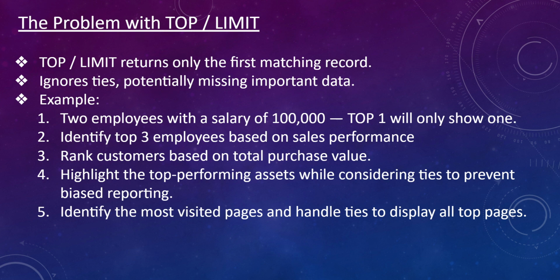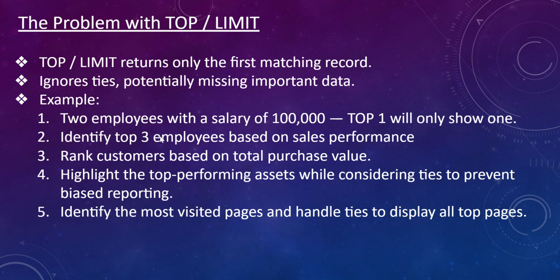This is a very big problem with TOP or LIMIT clauses. That's why we will not use TOP or LIMIT when we have to find the employees with the highest salary. And not only for employee salary, there can be many use cases where we can't choose TOP or LIMIT and we have to resort to the RANK function to identify all those records.